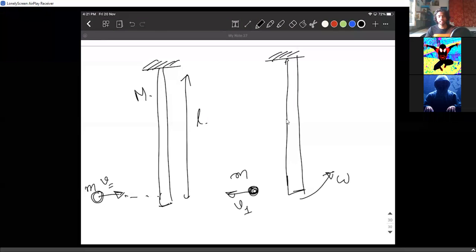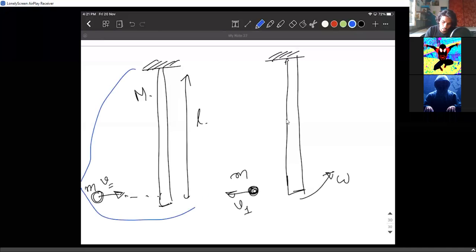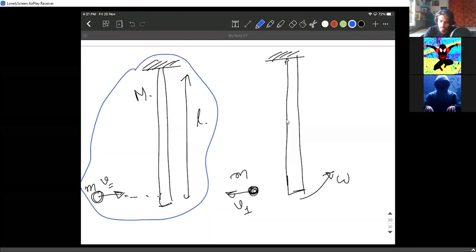It came in, collided, and returned with linear velocity v1. So this whole thing is a system again. Since this is a hinge, I am taking the angular momentum about the hinge, just before the collision and just after the collision.